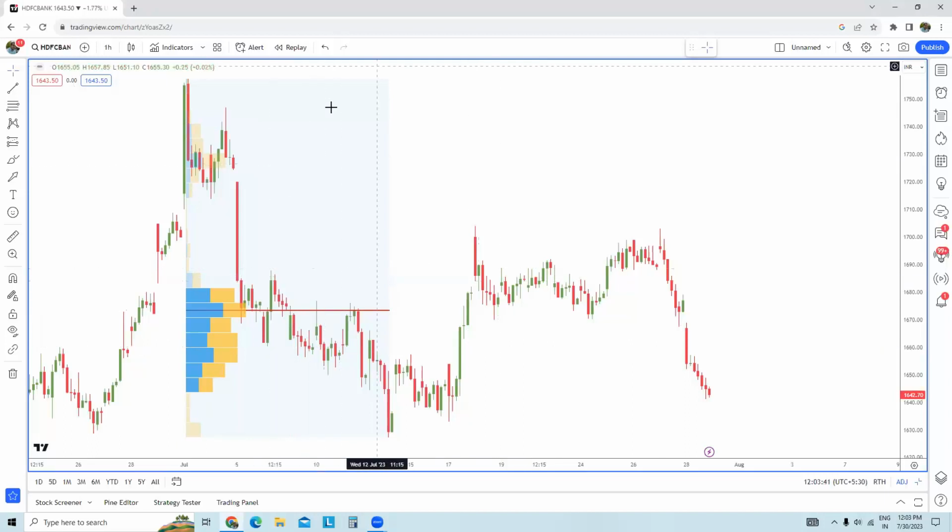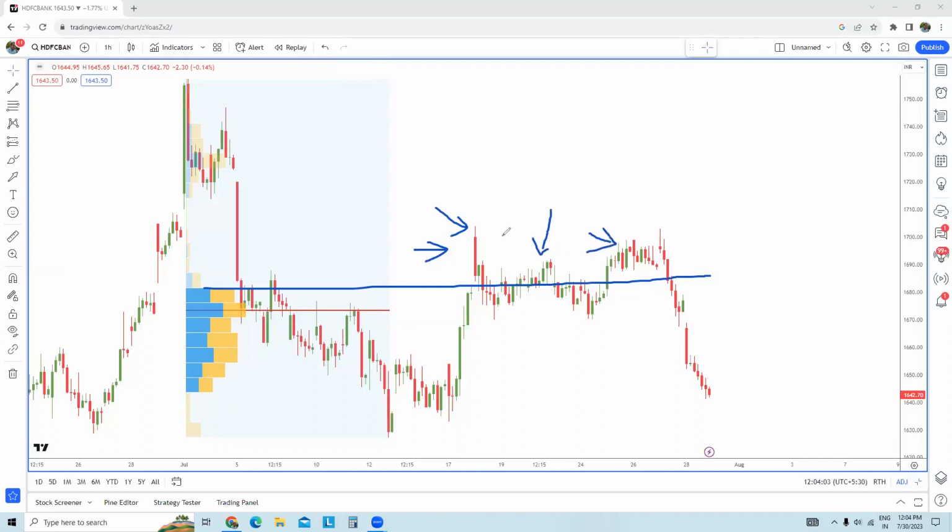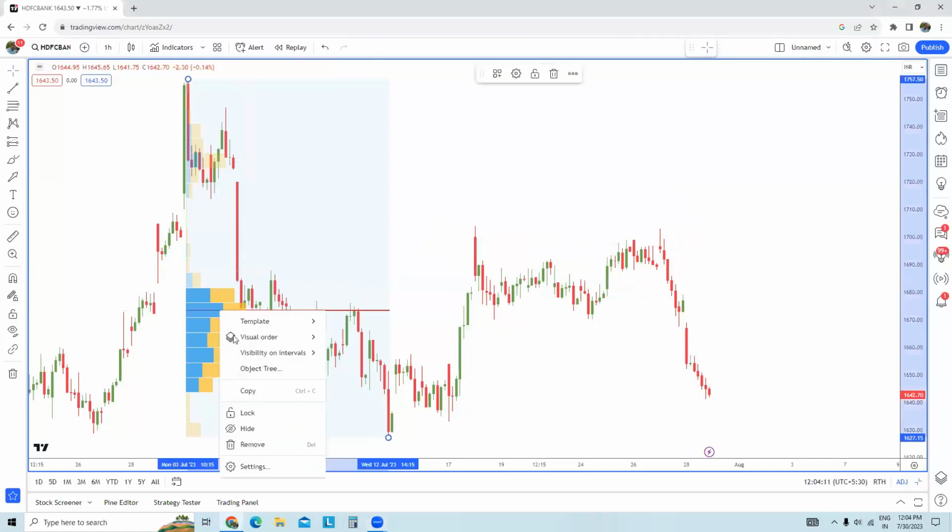This candle is a big red candle, which means it tried to close above the range but was facing difficulty closing above it confidently. And these candles are pretty small in range and could not close above this particular zone. That is the reason why HDFC Bank failed to rally ahead.